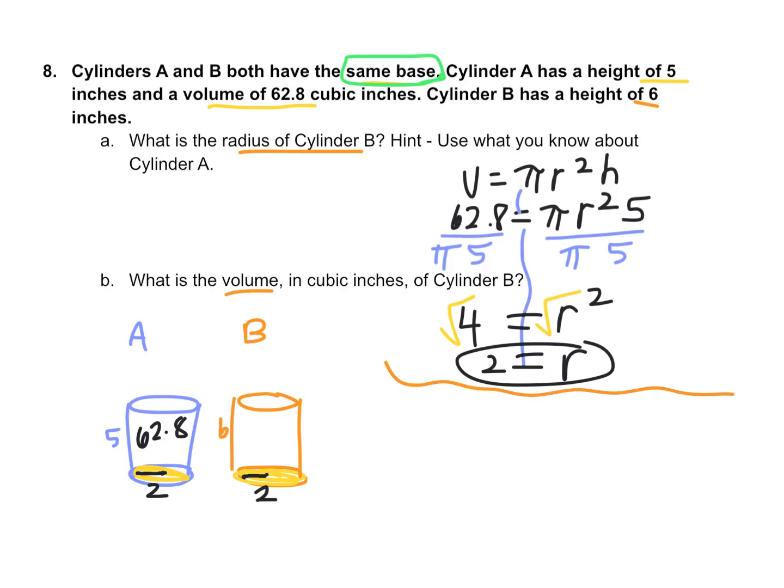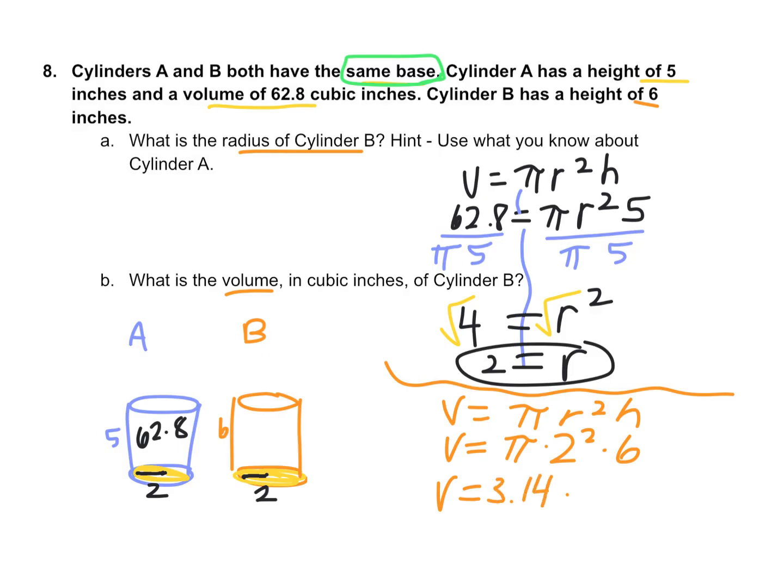So now I'm going to use the volume formula again, pi r squared h. And this time, I know that the radius is 2. So times 2 squared, and the height of cylinder B is 6. So we'll use 3.14 again, because it didn't specify.